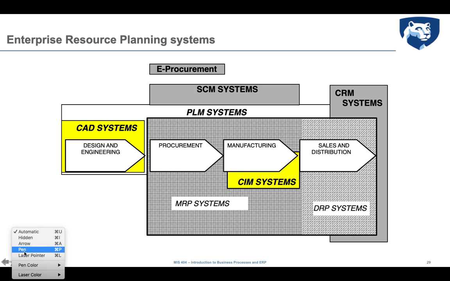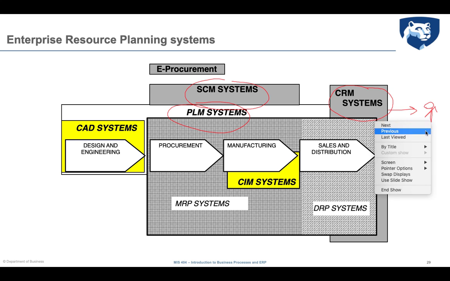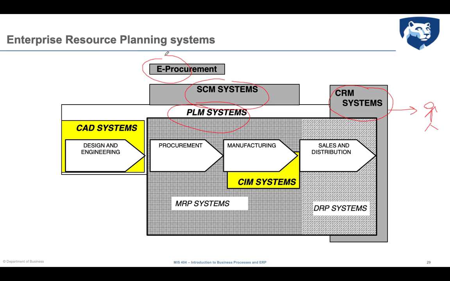So you have supply chain management system that supports supply relationship, product lifecycle management system that supports development of new product, customer relationship management that instead is the interface with the customer, and then you have e-procurement system that supports the execution of procurement process, order, delivery, invoice cycle, and these support procurement, manufacturing, and sales and distribution, which are the main supply chain management processes.